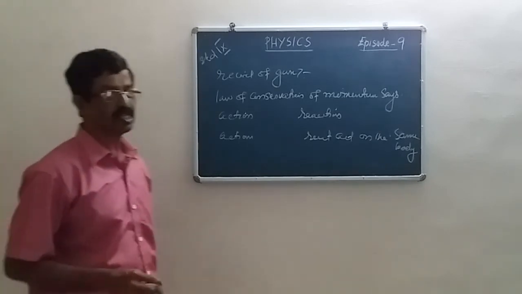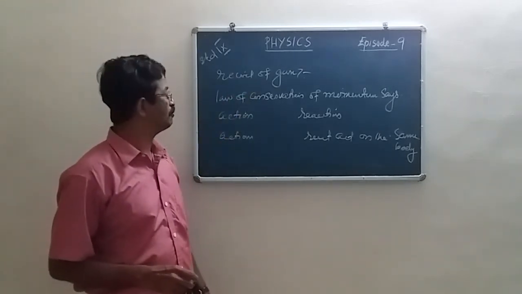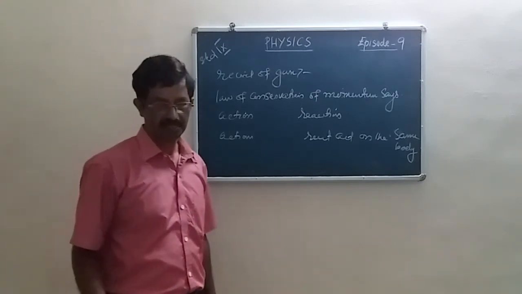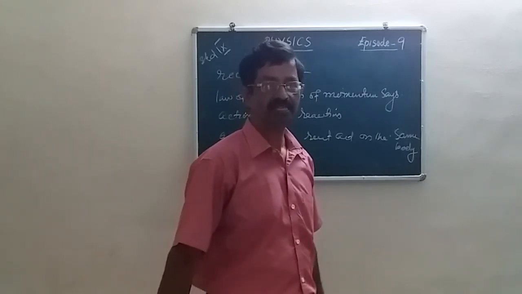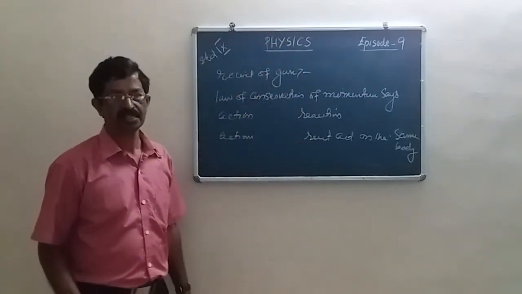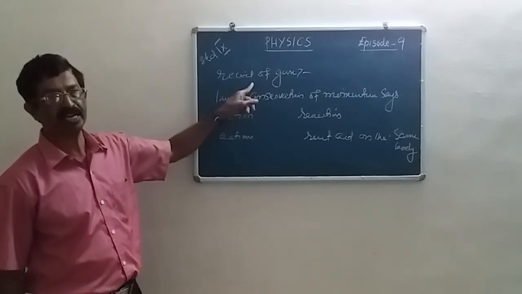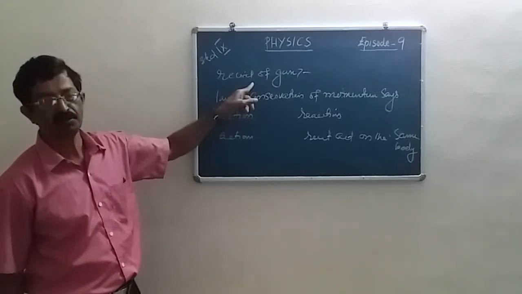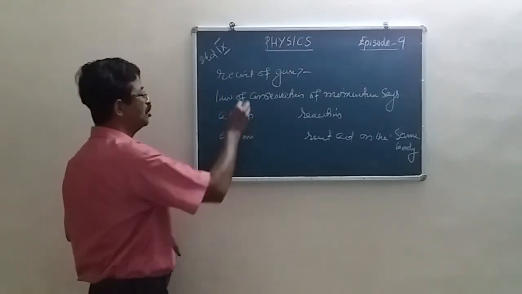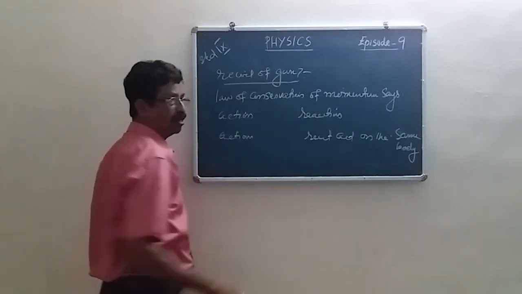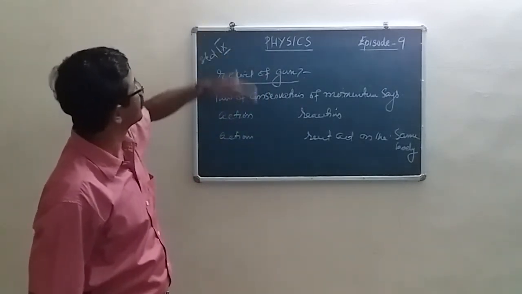See these questions. What is actually the recoil of a gun? Now you can remember its answer. When a shot moves forward from a gun, the gun moves backward with a small velocity, and that motion of the gun is called recoil. Okay, this is the answer you want to remember.